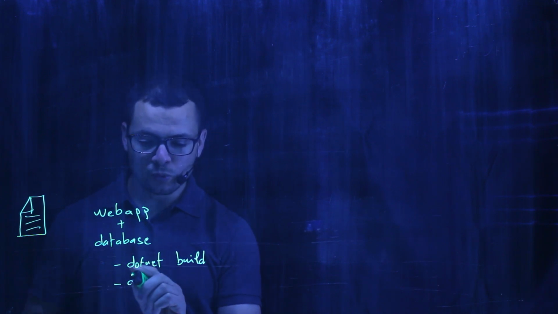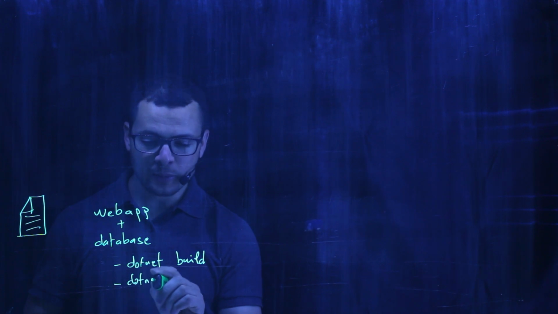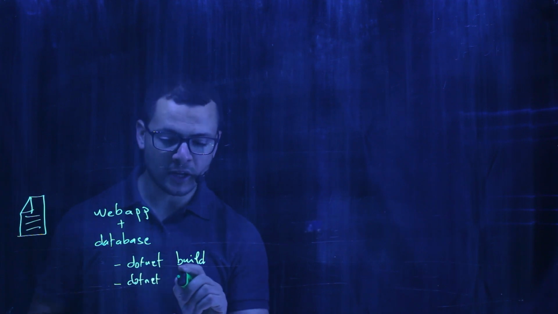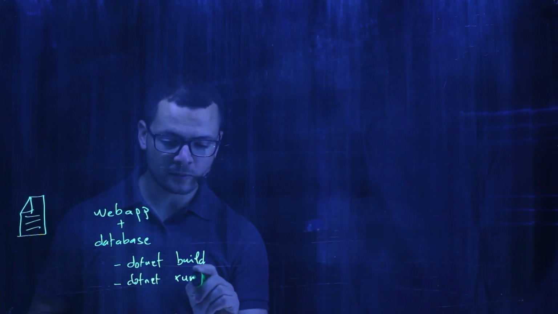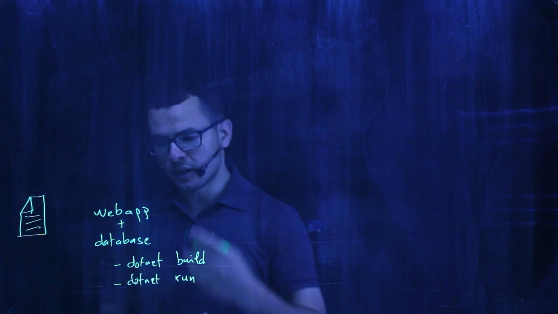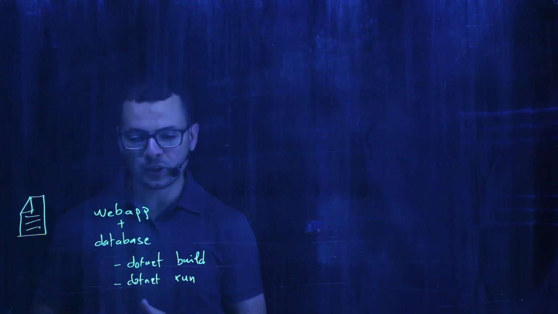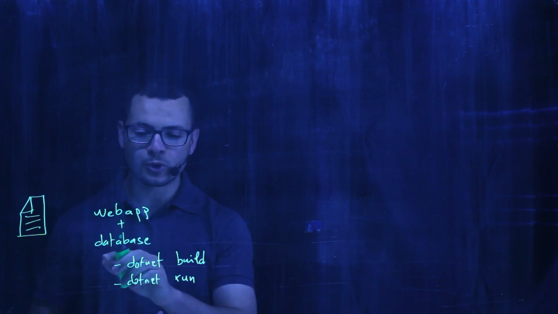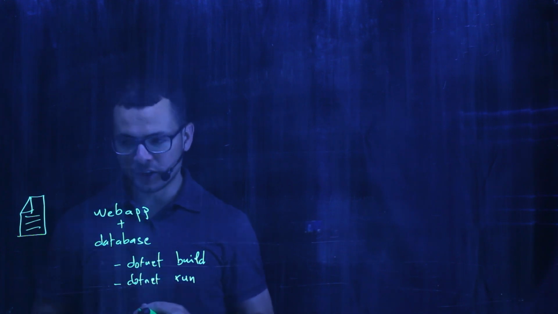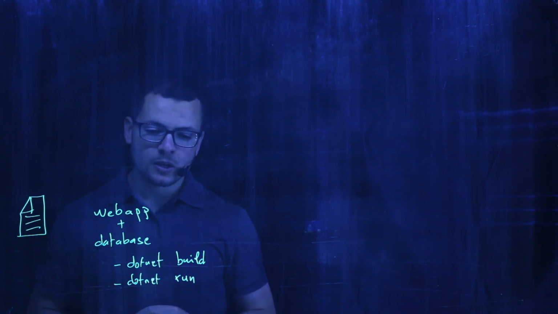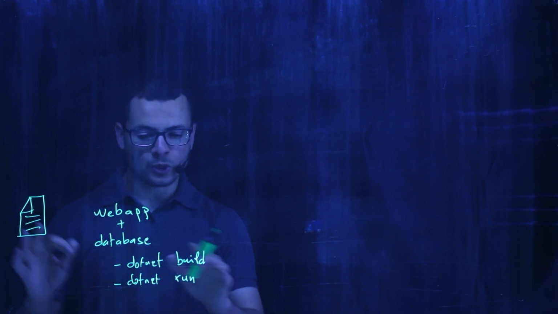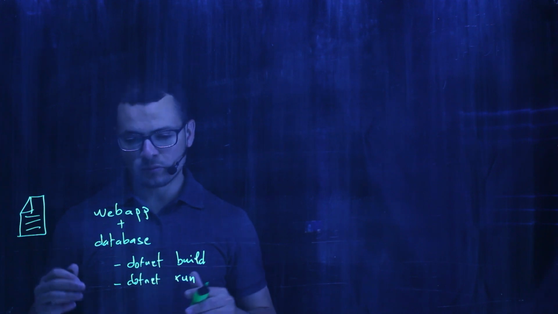And once that's done, we can run the app, and we can do that by running the command dotnet run. dotnet run will try to run the app, and because we have configuration inside the app, it will try to connect to the database, which should be always up and running. So this is the traditional approach of running applications.